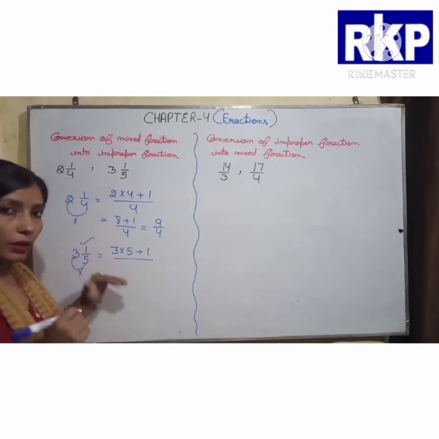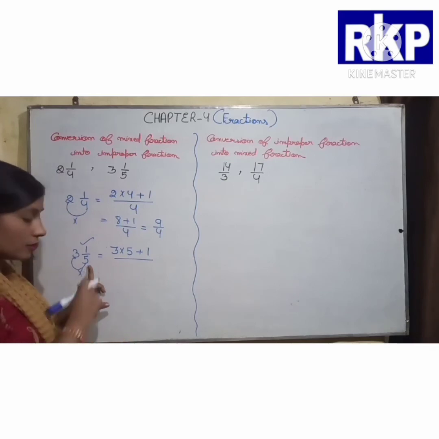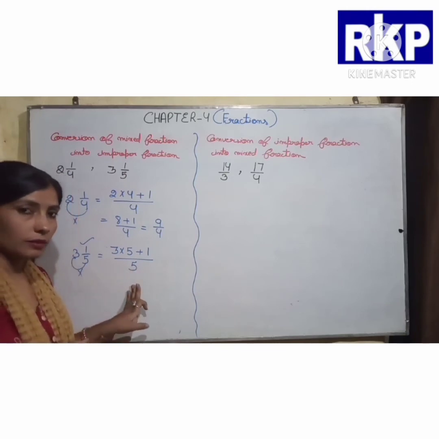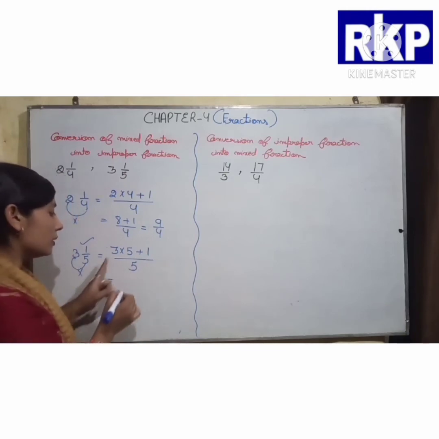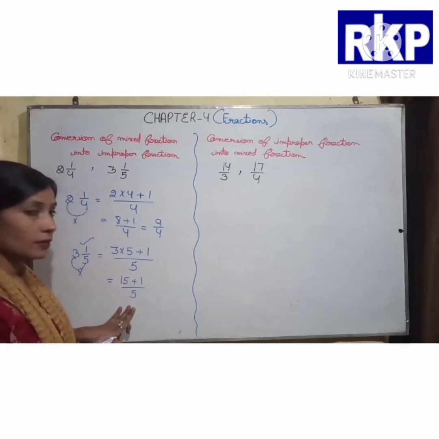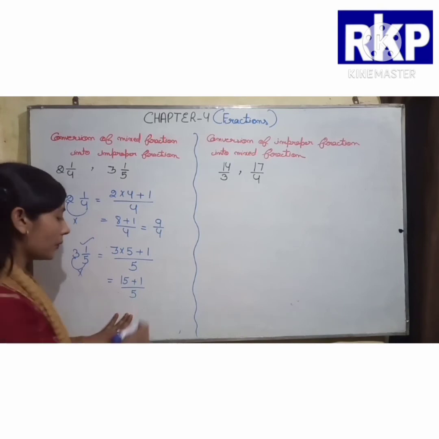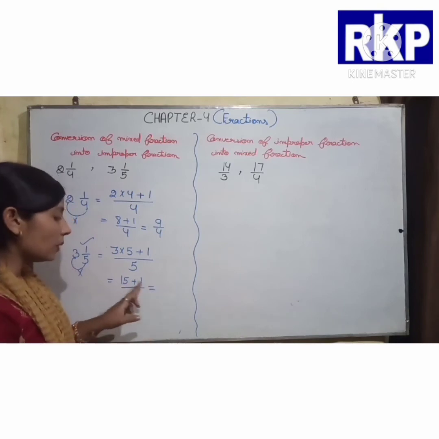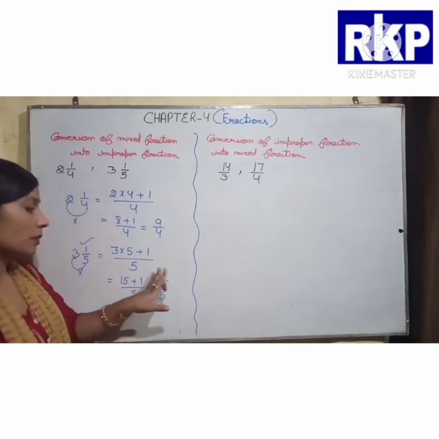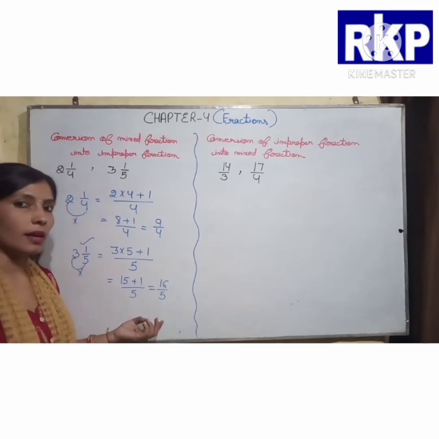And as the denominator we write the same denominator as it is, so here we write 5. Now 3 5s are 15 plus 1, and as the denominator we have 5. Now 15 plus 1, 16 by 5. So 16 by 5 will be our answer.